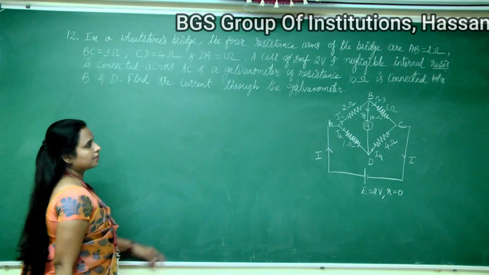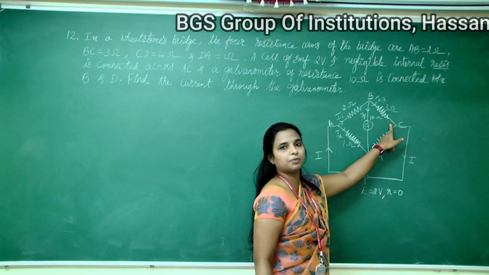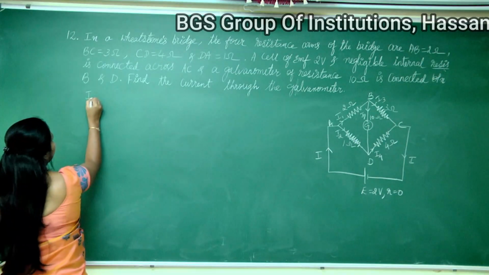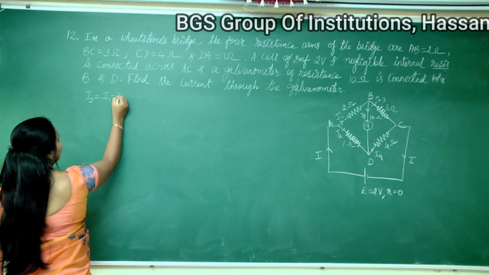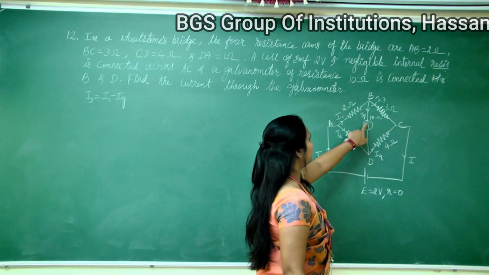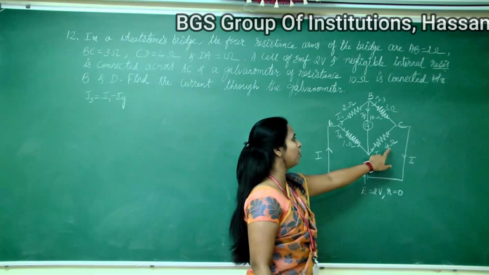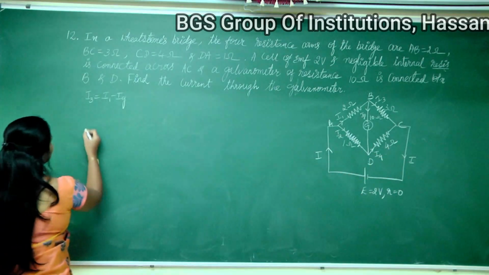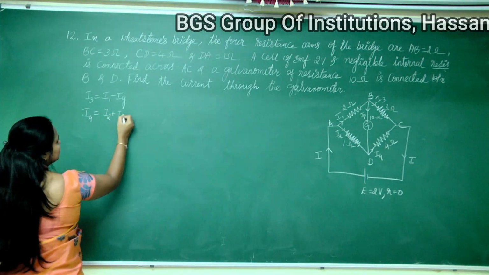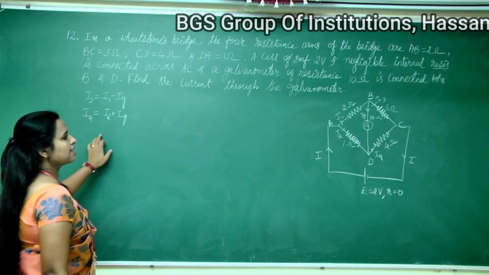Whatever current goes through IG, the remaining current flows through the 3 ohm resistor and we'll take it as I3, and that I3 is written as I1 minus IG. In the same way, I2 and IG will add up to give I4, which will flow through the 4 ohm resistor. That is, I4 can be written as I2 plus IG.